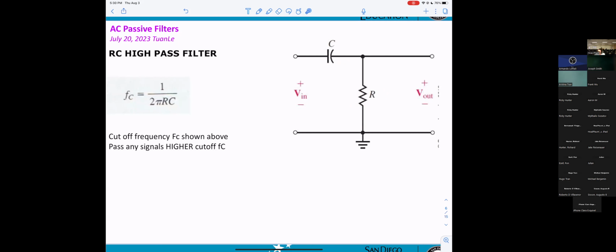The formula to calculate cutoff frequency is the same. The low pass filter passes any signal lower than the cutoff frequency, and the high pass passes any signal higher than the cutoff frequency.